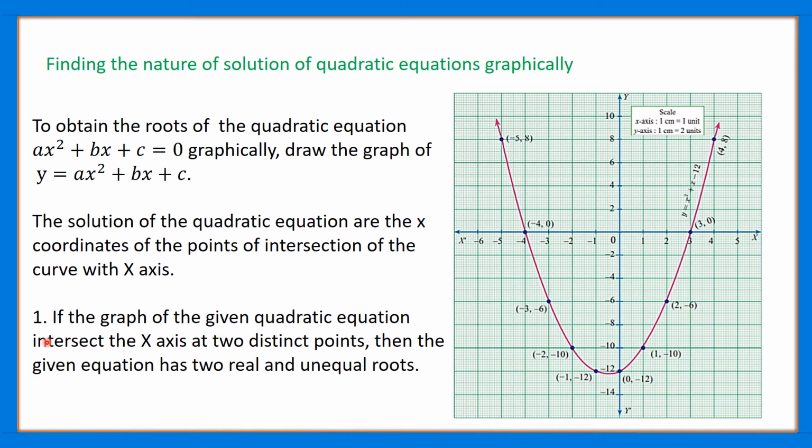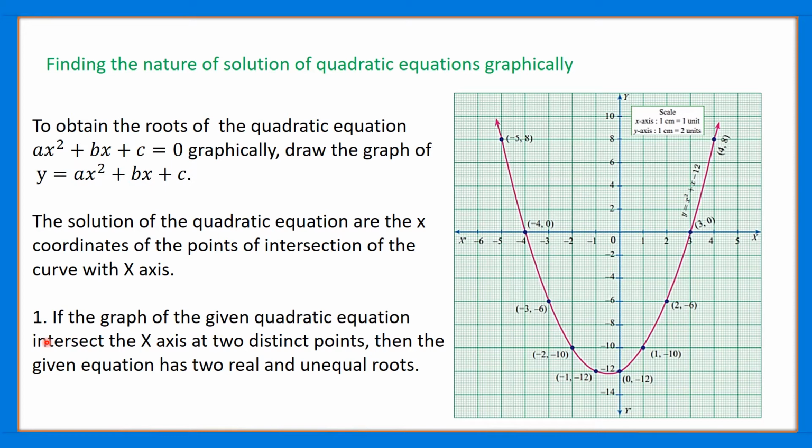Yes, it is possible. Okay, what we need to do in order to find the nature of the roots that we obtained from a given quadratic equation? First of all, we need to graph the quadratic equation. In general, we have the standard quadratic equation ax square plus bx plus c is equal to 0.